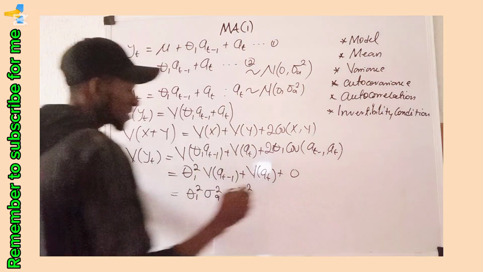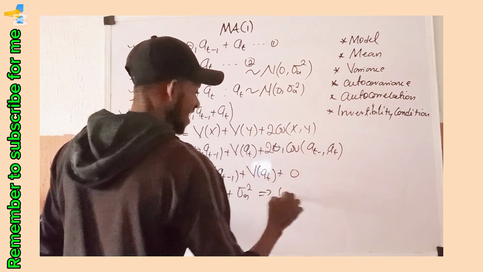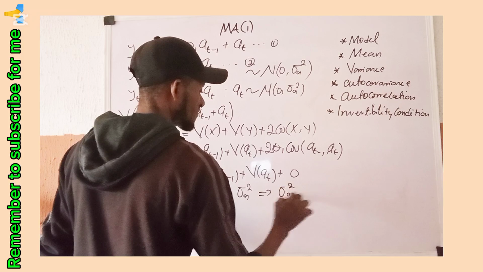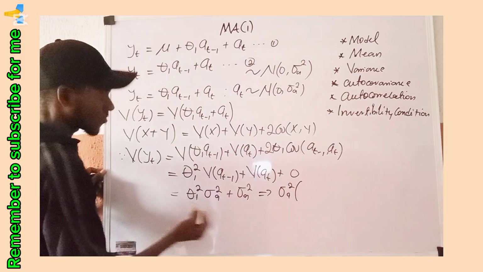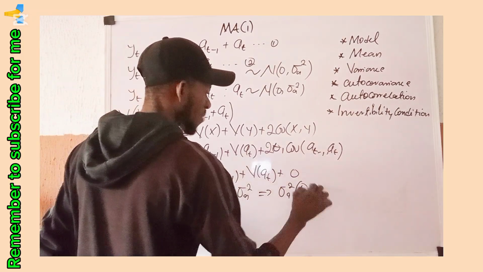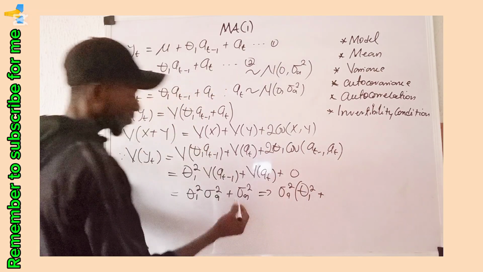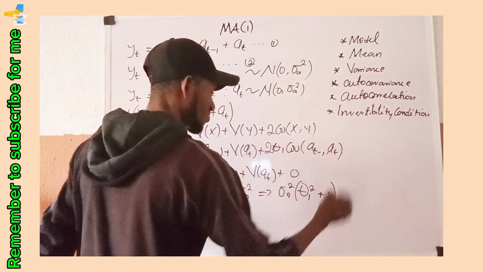And factoring one out, what I'm going to have becomes sigma squared of a, open bracket. What will be left here becomes theta 1 all squared plus what will be left here is 1, close the brackets.